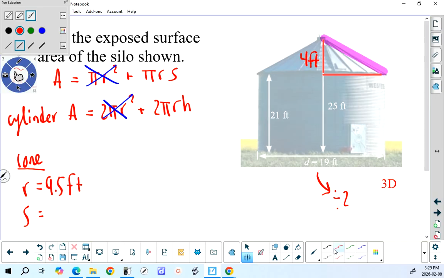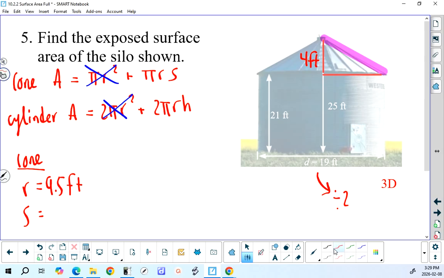Why? Because 25 minus 21 is 4. The total height from the bottom to the peak of the silo is 25 feet, and the height to the top of the cylinder is only 21, so it's an additional 4 feet. This is 9.5 feet. We've already figured out what that is. So this slant height is the hypotenuse of that triangle.